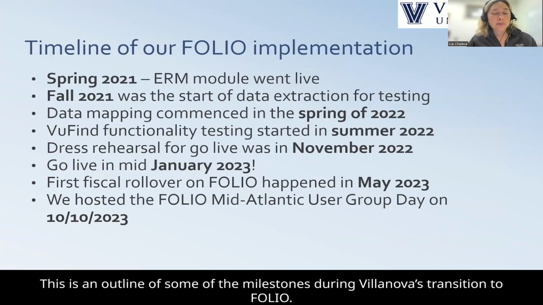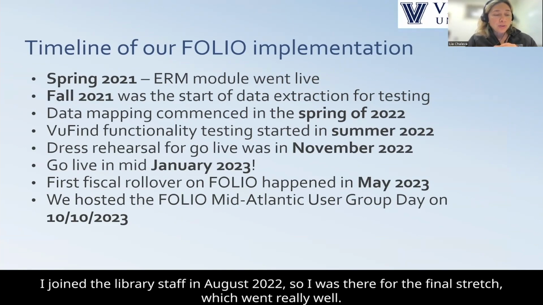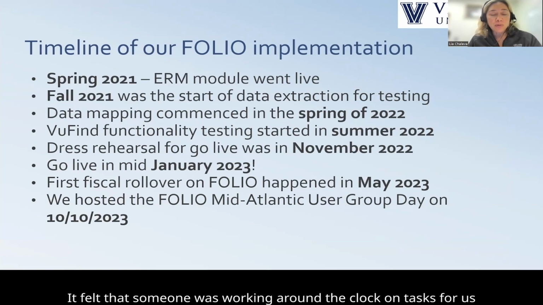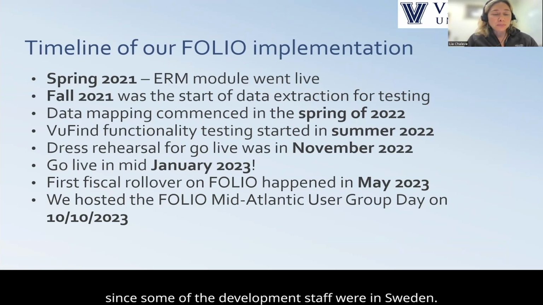This is an outline of some of the milestones during Villanova's transition to FOLIO. I joined the library staff in August 2022, so was there for the final stretch, which went really well. A team of librarians were meeting on a regular basis with a highly knowledgeable and geographically dispersed EBSCO onboarding team. It felt that someone was working around the clock on tasks for us, since some of the development staff were in Sweden.